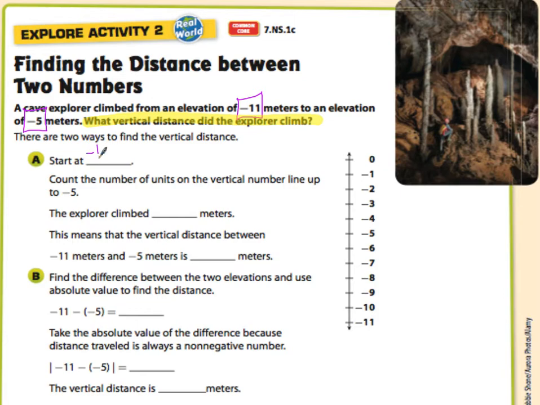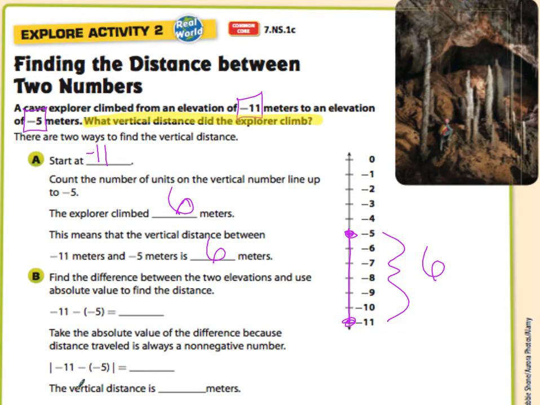So the start was at negative 11, and then if we start at negative 11 and go up to negative 5, I know that this is 6 units, or 6 meters. Okay, so the explorer climbed 6 meters. This means the vertical distance between the negative 11 and negative 5 is 6 meters.